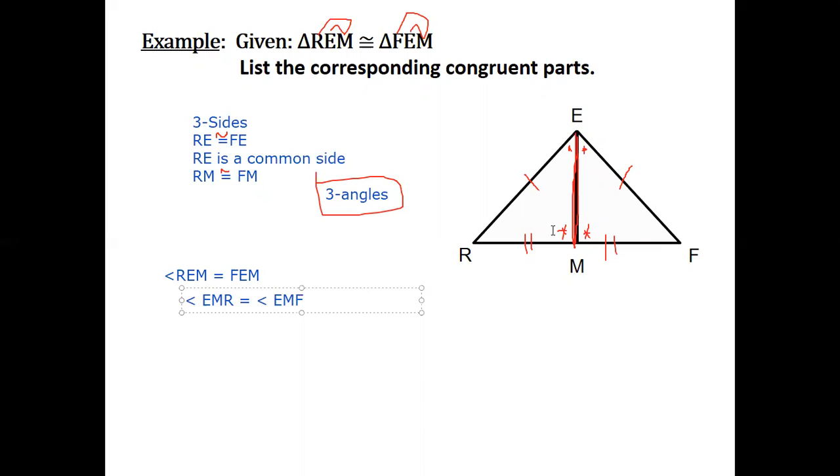Angle R with angle F. If I want to say them by three letters, it will be angle ERM with angle EFM. So we can say angle ERM with angle EFM.